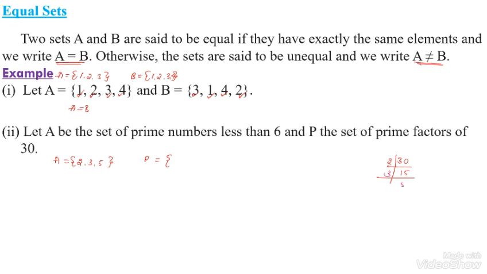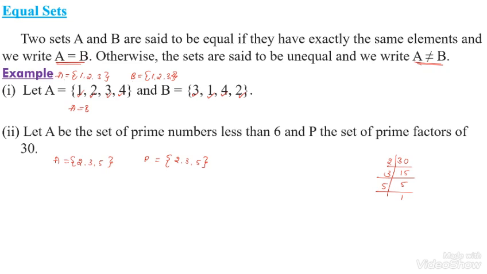Now 3 fives are 15, and 5 ones are 5. So the prime factors of 30 are 2, 3, 5. Observing the two sets A and P, both have the same elements 2, 3, 5. Therefore, A and P are equal sets.